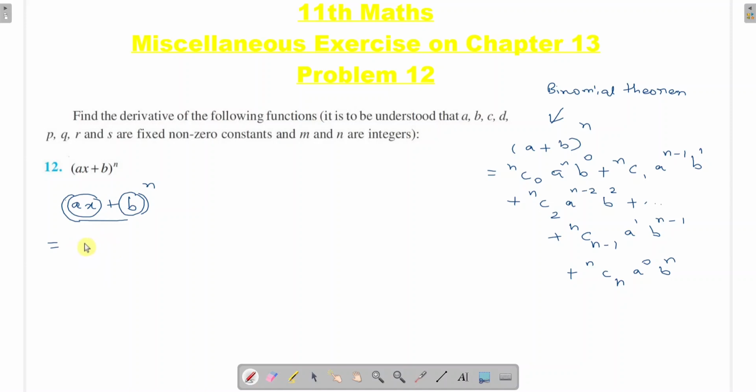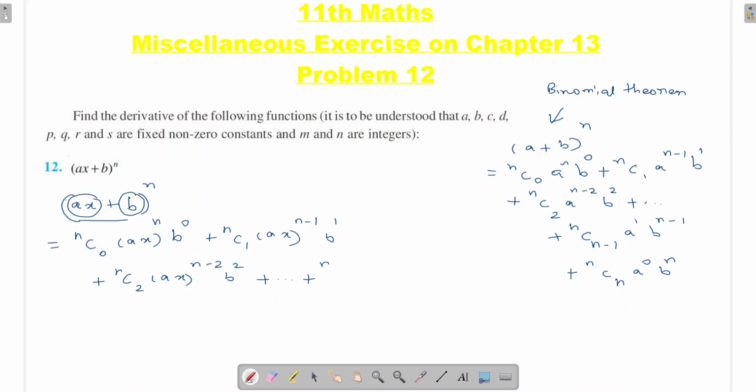So if you use the binomial theorem, you will get nC0 (ax) raised to n, b raised to 0, plus nC1 (ax) raised to n minus 1 b raised to 1, then nC2 (ax) raised to n minus 2 b raised to 2 and so on.